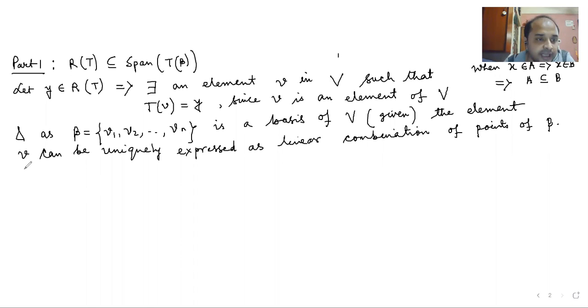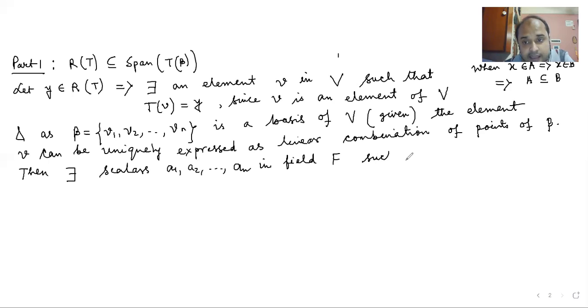Therefore, there exist scalars a1, a2, dot dot dot an in the field capital F, such that this V can be expressed as a1 into v1 plus a2 into v2 plus dot dot dot plus an into vn.